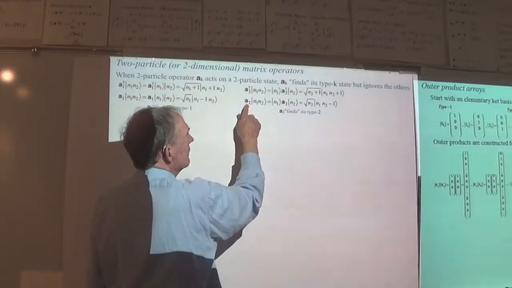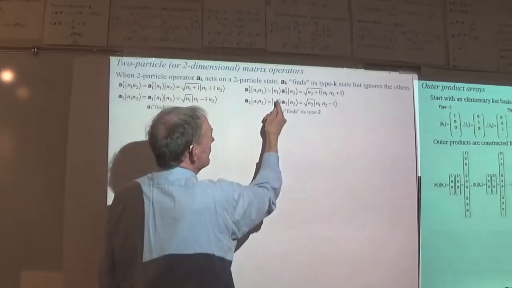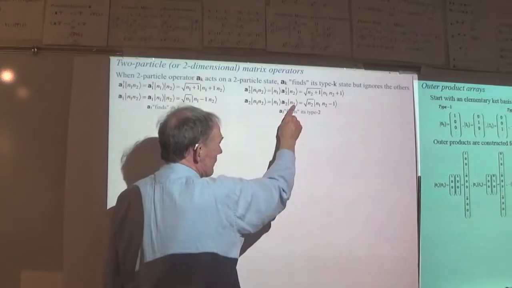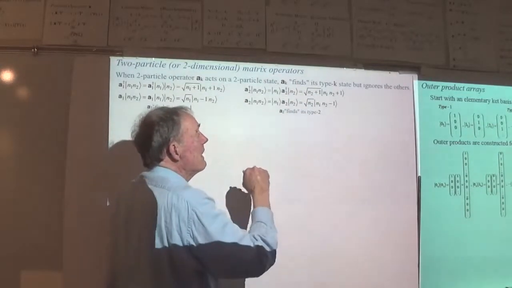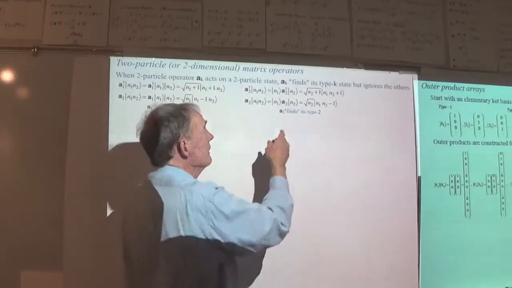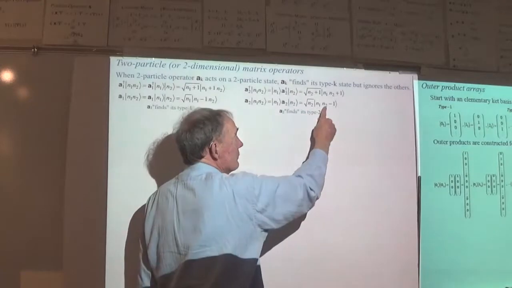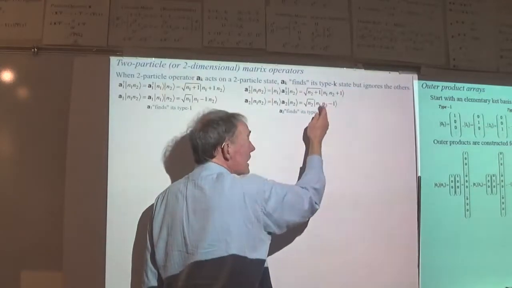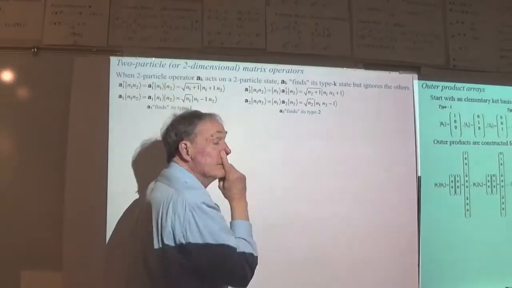And at first it looks like it's going to do something to this, but it doesn't. It goes right through to this one. And then it gives the relations that we know. The Feynman mnemonic applies at this point. This is a destruction operator of quanta. It will produce N2 minus 1. It will not touch N1. That's the idea of the orthogonality. Does that make sense?